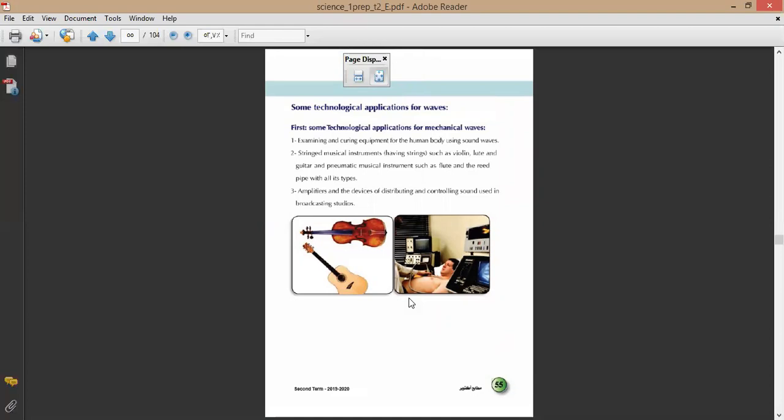We start with the technological application for mechanical wave, and then technological application for the electromagnetic wave. Technological application for the mechanical wave: examining and caring for the human body.